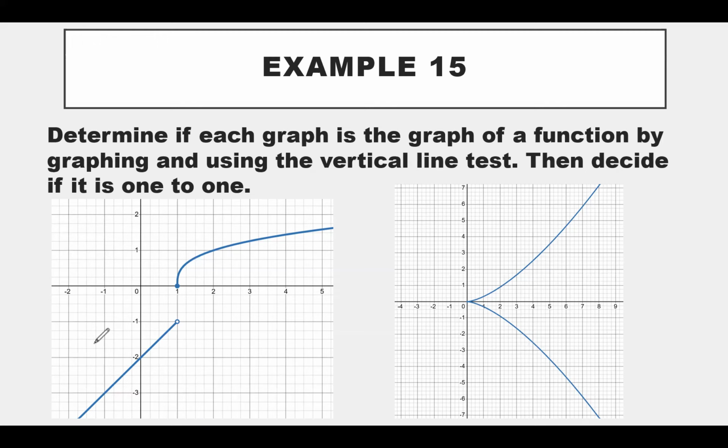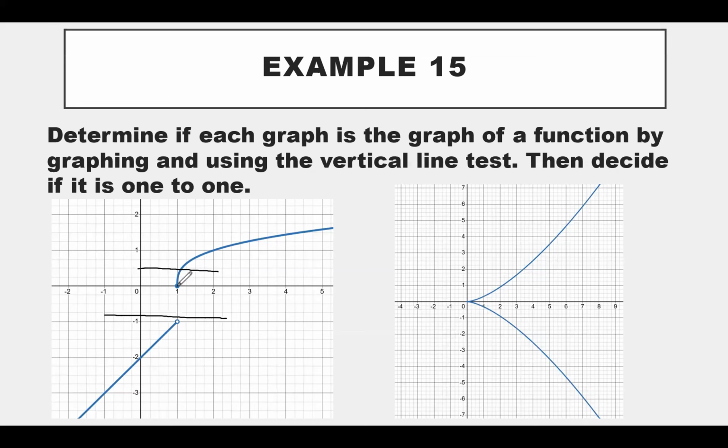Is it one-to-one? Well, if you draw a horizontal line, it only passes through one spot if I'm down here. If I'm between -1 and 0 and I draw a horizontal line, I might pass through 0 spots, but that's okay. It's not more than one.